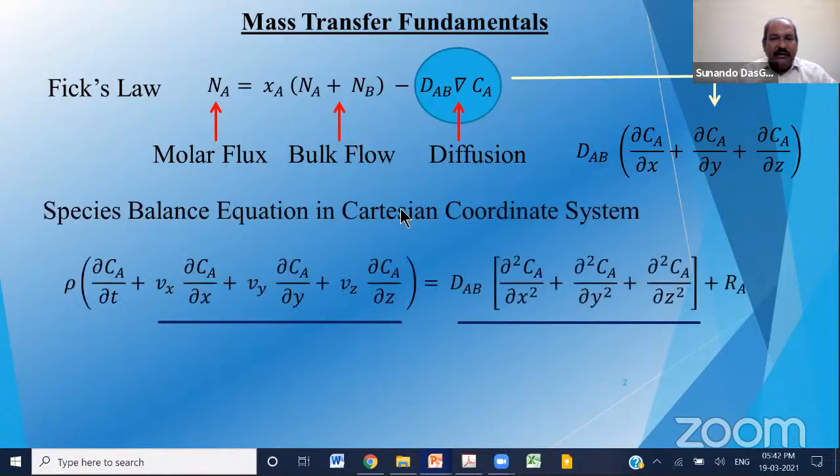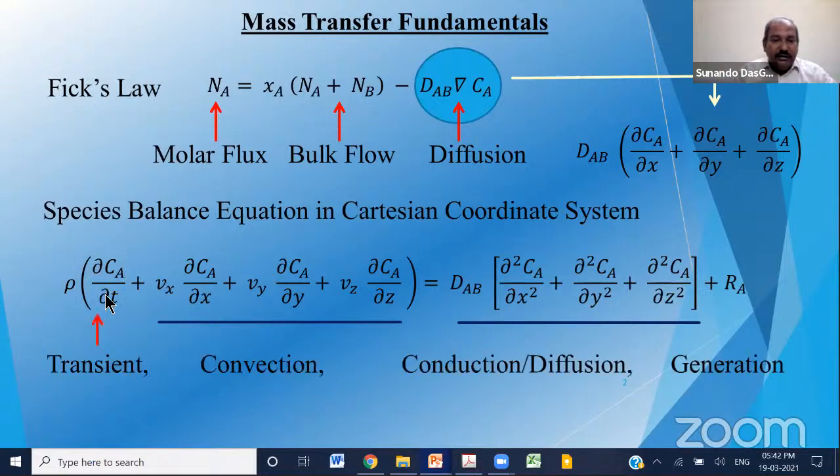And the species balance equation in the Cartesian coordinate system, the same way we have seen in the case of heat transfer, has a transient term, where the concentration of species A could be a function of time. A convection term, again characterized by the appearance of the component velocities. Then we have the conduction or diffusion or molecular transport, which are synonymous, where DAB appears.